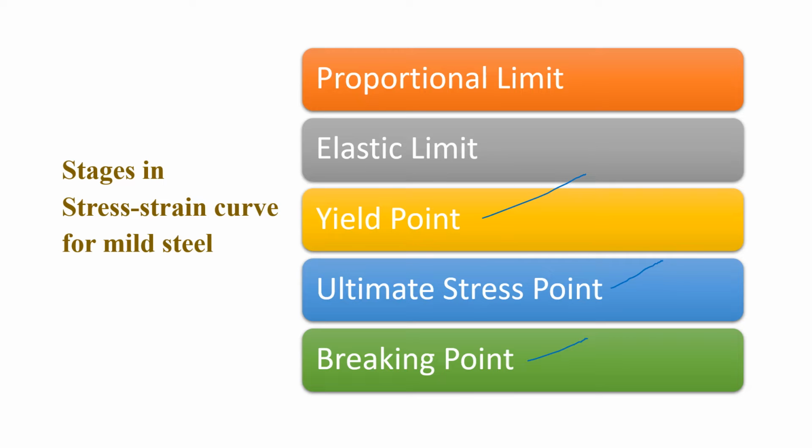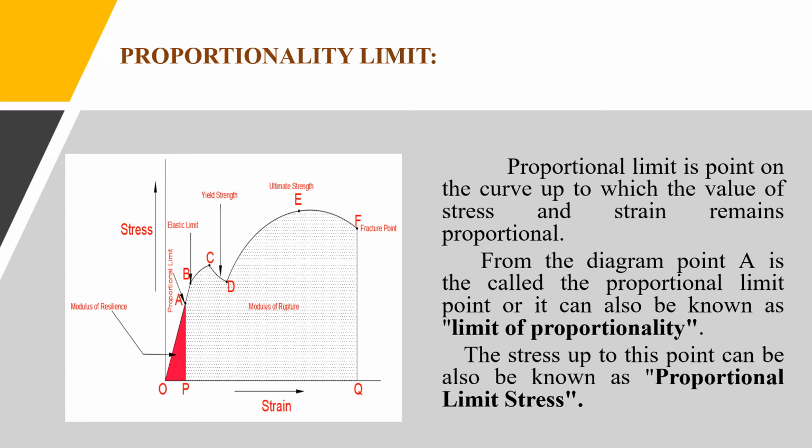First we'll discuss the proportionality limit. In this graph, the first point is the origin. On the x-axis we are taking the strain value and on the y-axis we are taking the stress value, stress versus strain. For mild steel, we are applying some tensile force, and before failure of that material, these are the stages. The first stage is the proportionality limit.